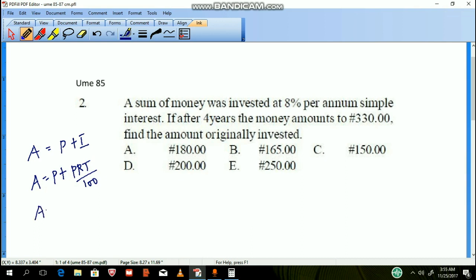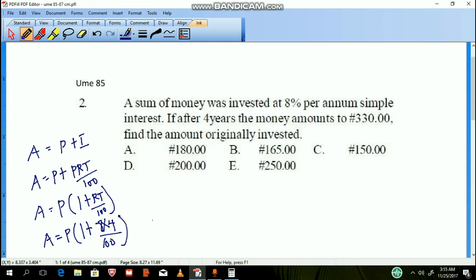If I now have A equals P bracket 1 plus RT over 100, let me substitute before making P the subject of the formula. We are told that it amounts to A. We still have A equals P bracket 1 plus the rate of interest. The rate of interest is 8 times the time, 4 years, all over 100.